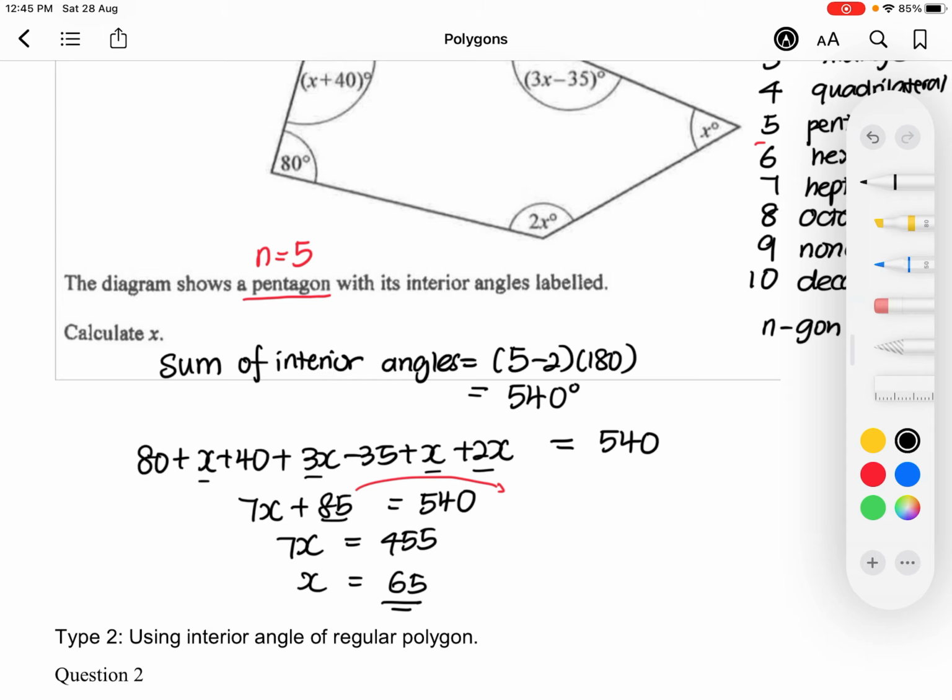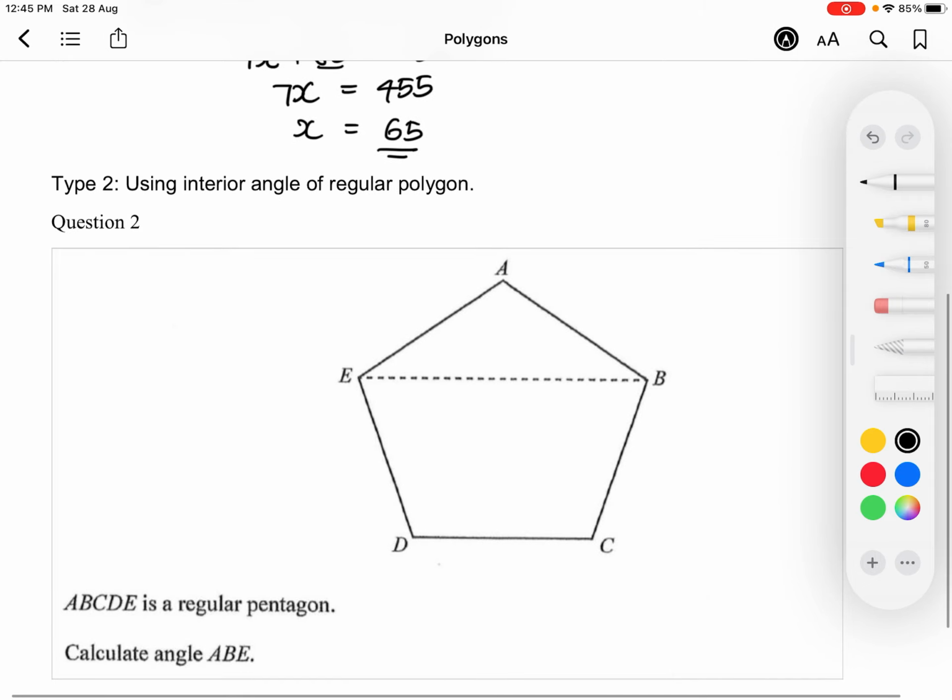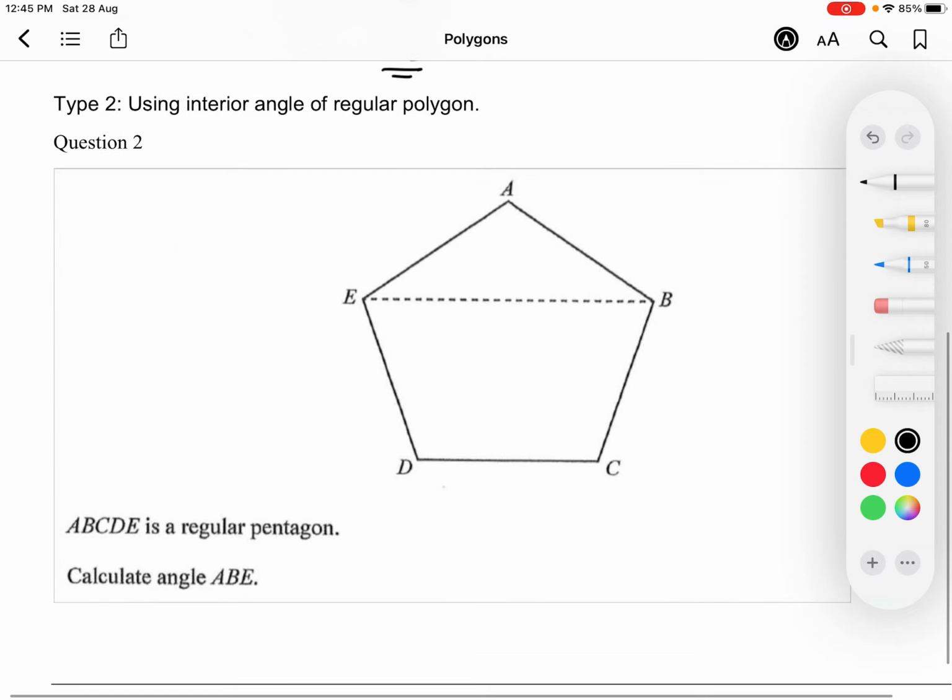Next one, how do we make use of the interior angle formula for a regular polygon? For example, looking at this type of question, they tell you that ABCDE is a regular pentagon. First, we know pentagon means n equals 5, five-sided. It being a regular pentagon means that all the sides have equal length and all the interior angles are equal to each other.